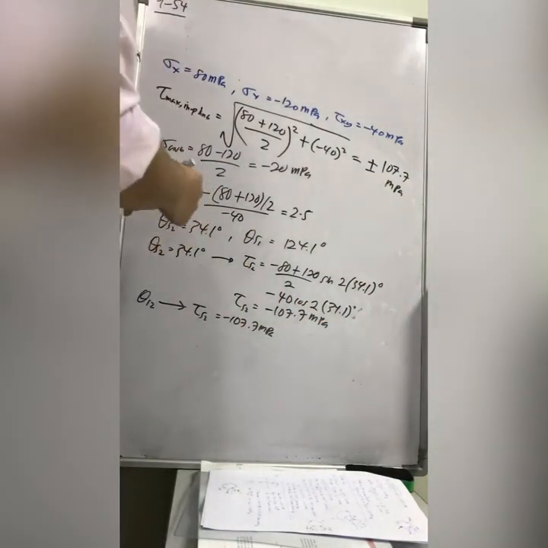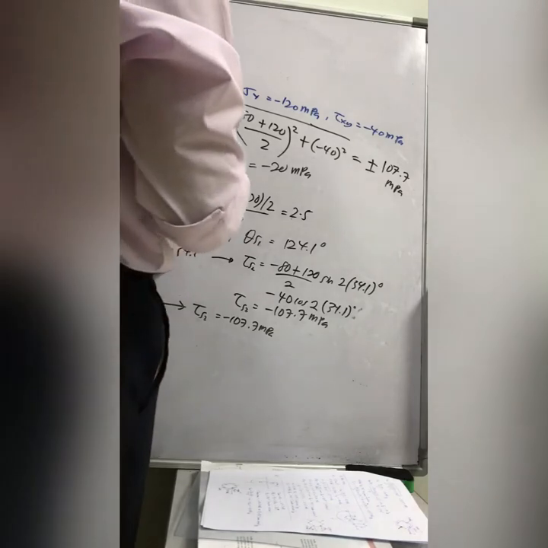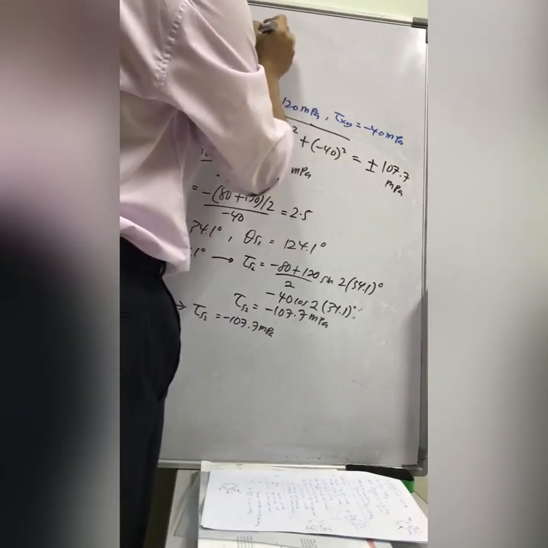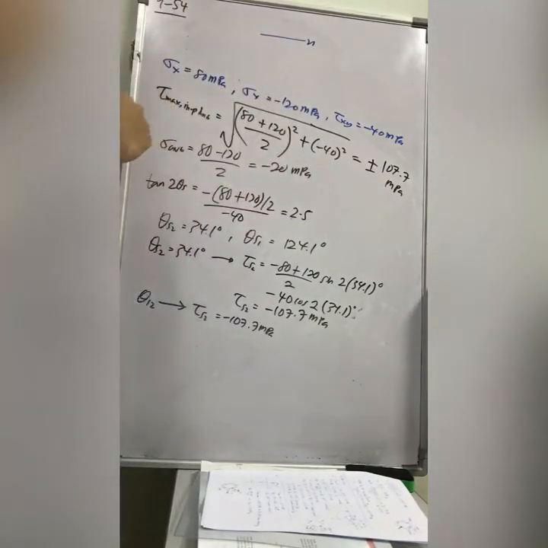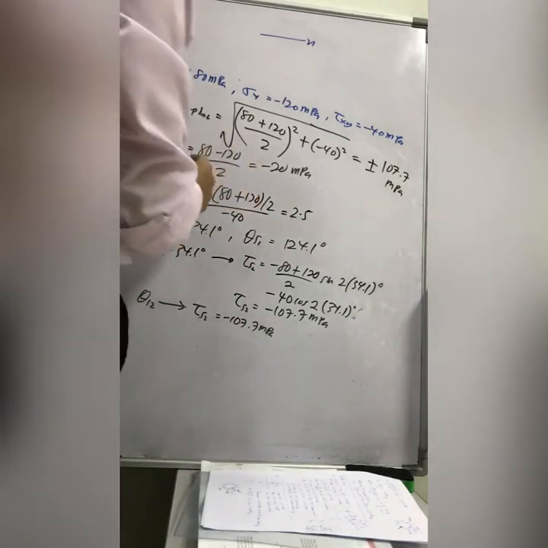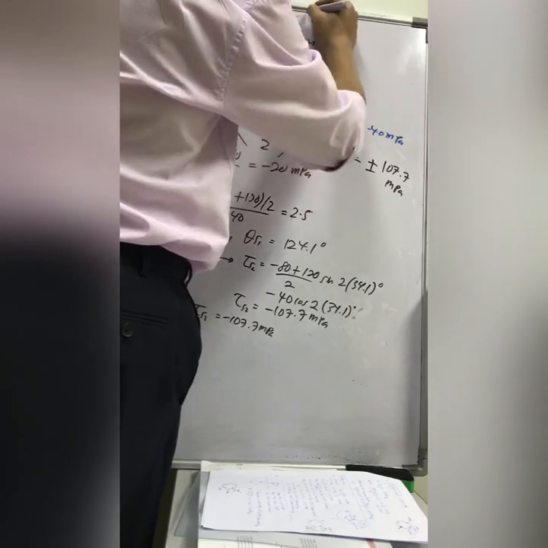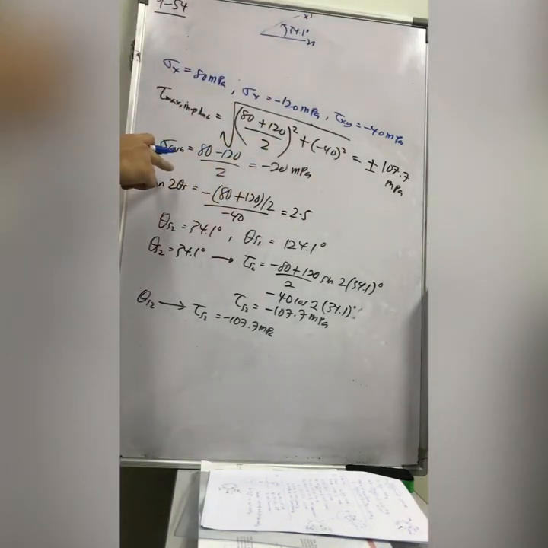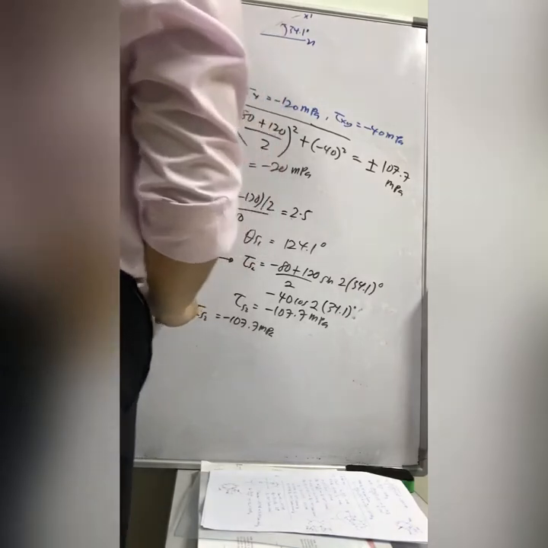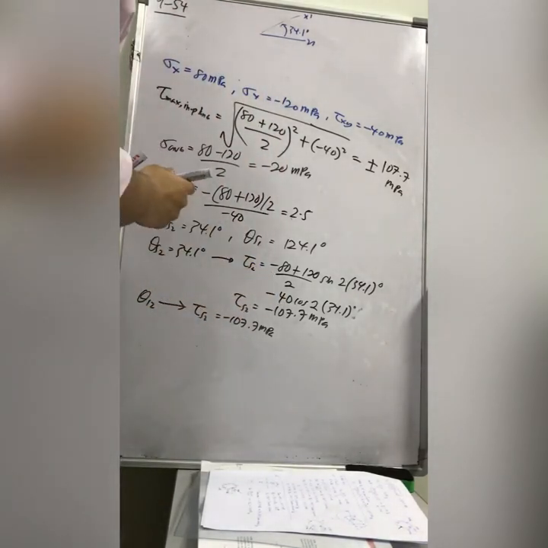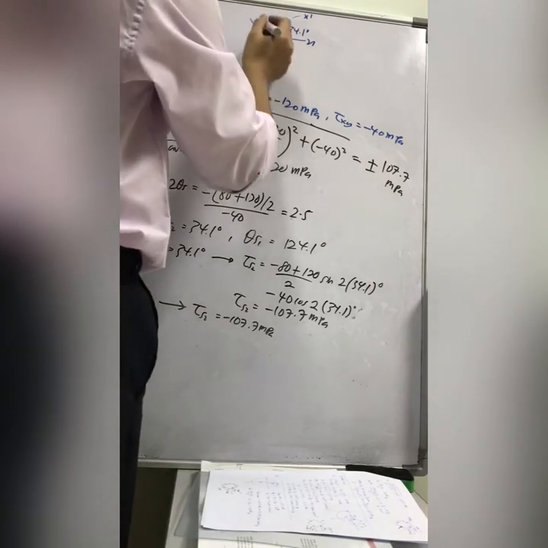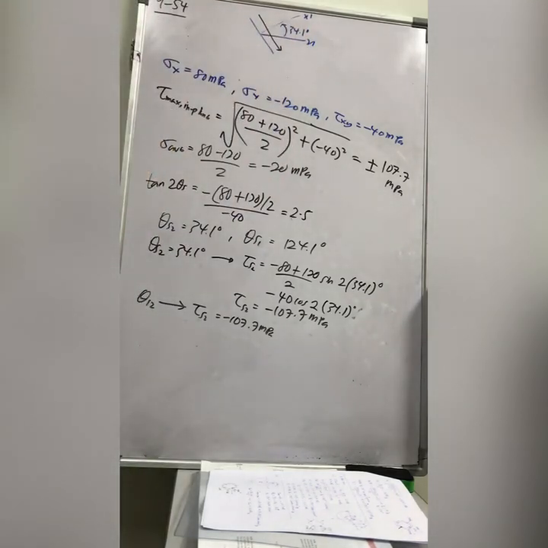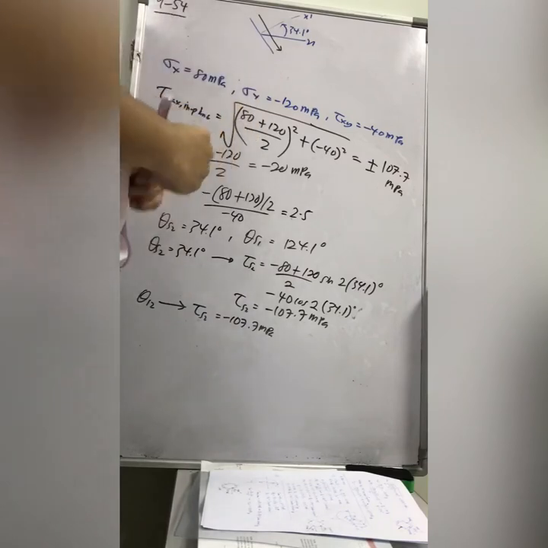What will happen is, when you draw this, from x to 34.1, which is x prime, you rotate it to 34.1, which is the angle for maximum in-plane shear stress, and then you will get your 107.7. I'm going to draw the other three faces, but look at this face.